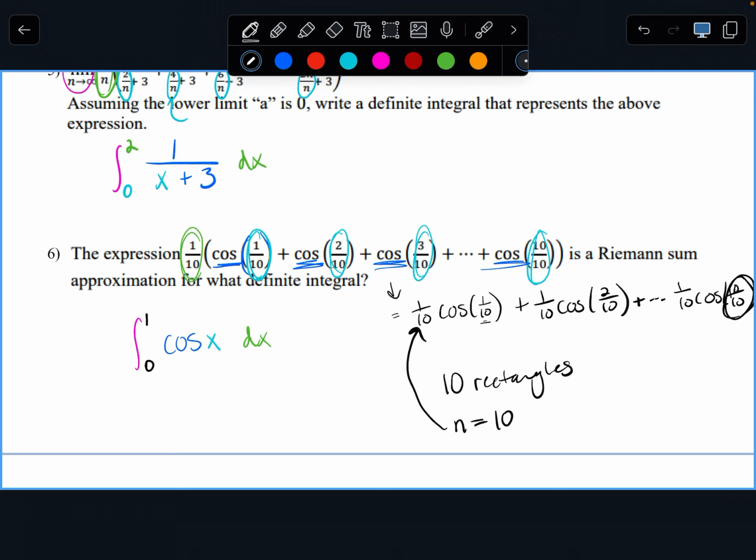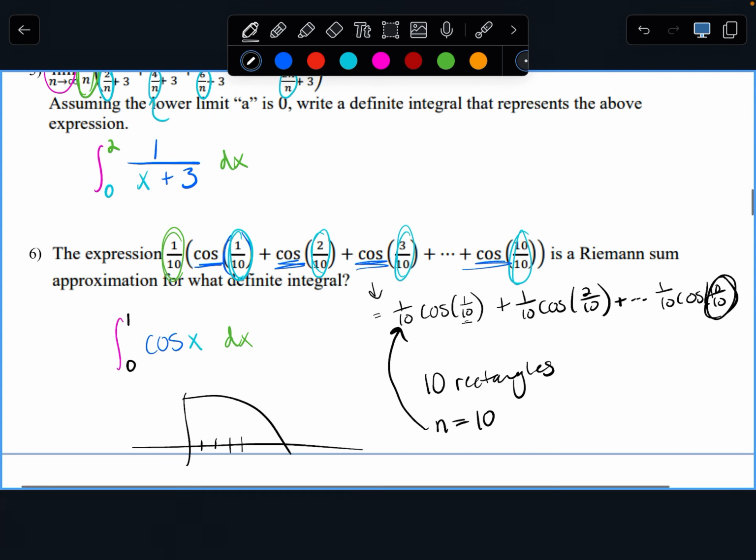I know, but because you're going up to 10/10, it means you're using the last value of the rectangle at 1. If you drew a picture of it, you're plugging in 1/10, 2/10, 3/10, 4/10, and then 10/10. You know what I mean? So you're using the last one.